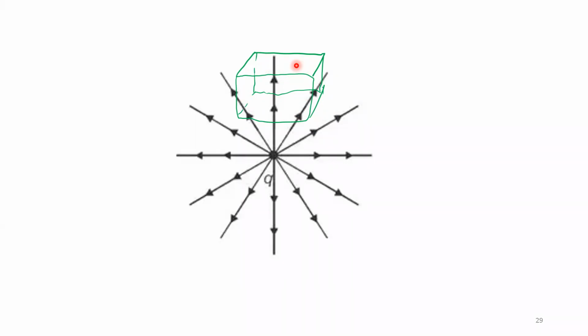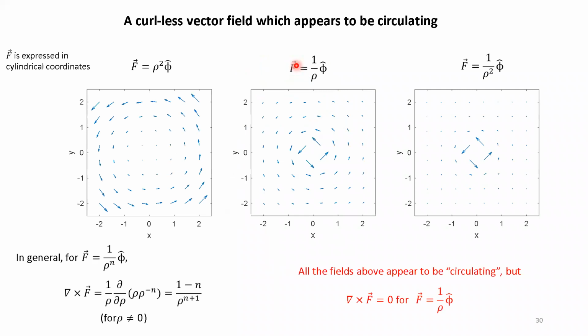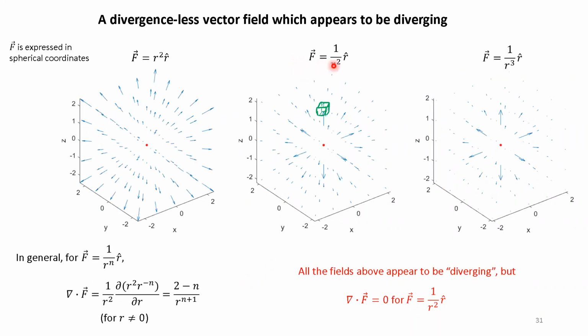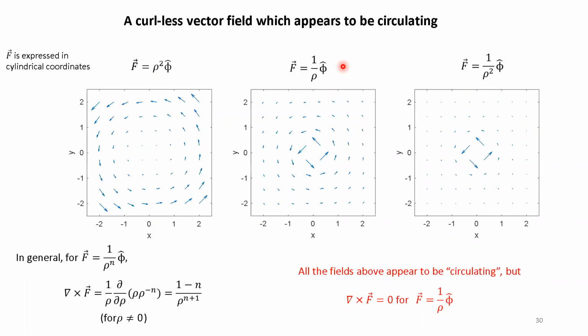And that would be the case if you have the field equal to 1/r squared.